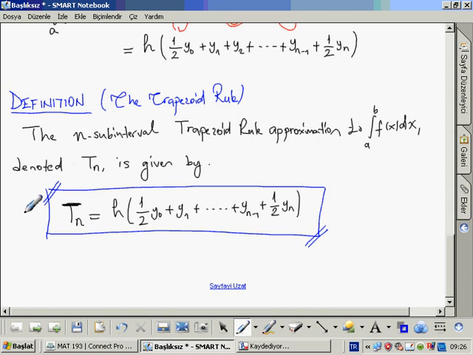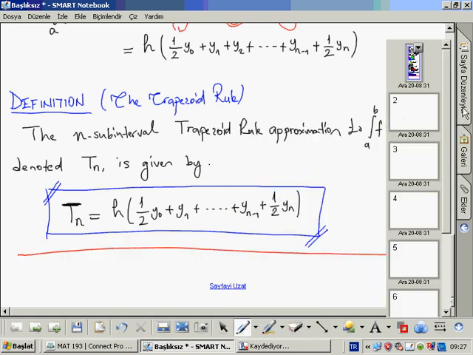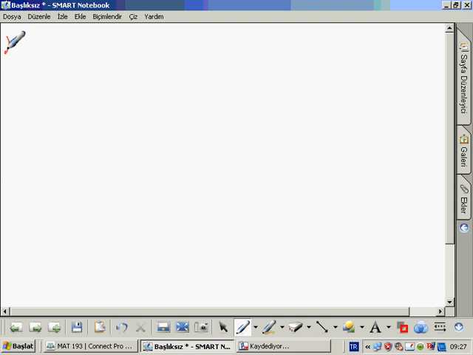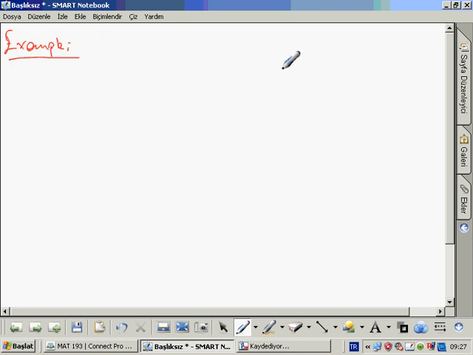And then let's talk about some values, of course, from an example. I equals the integral from 1 to 2 of 1 over x dx.